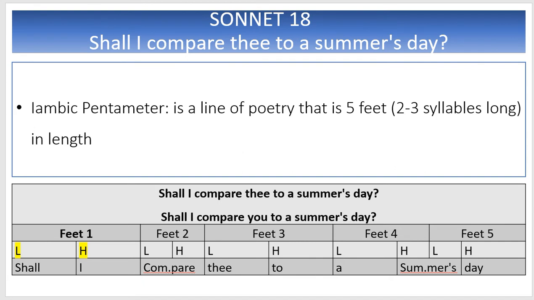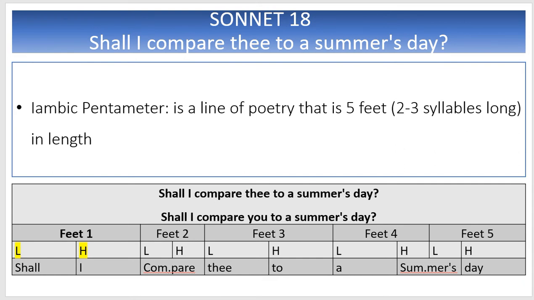William Shakespeare, by pronouncing the word compare, places the stress on the second syllable, making it heightened. So com, the first syllable, is low in its intonation, and pare, the second syllable, is high in intonation. This combination forms the second foot. Let's move to the third foot.